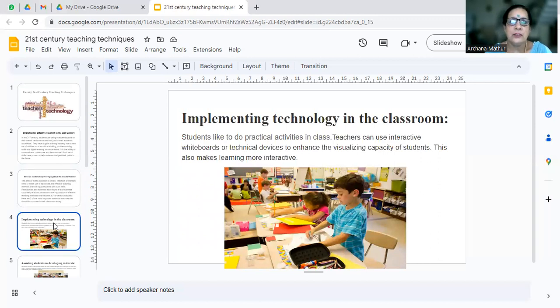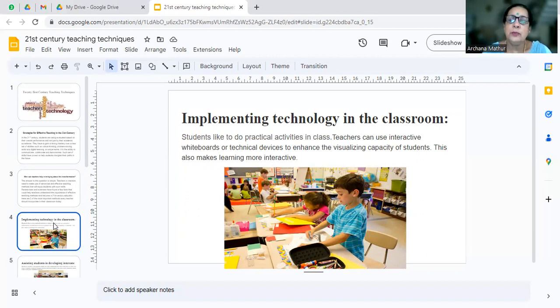And it's also like, you give them certain projects to be done at home, and then that is discussed in the class. As I just said a few moments ago, students wish to see the teachers, or their educators, set examples for them.